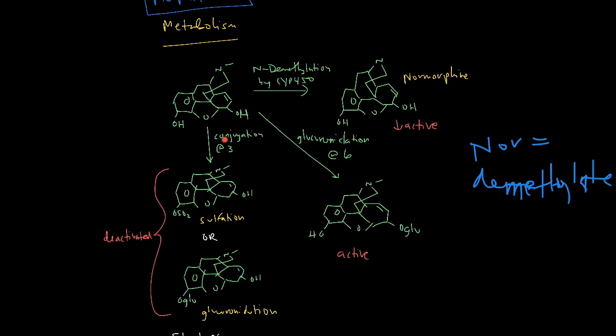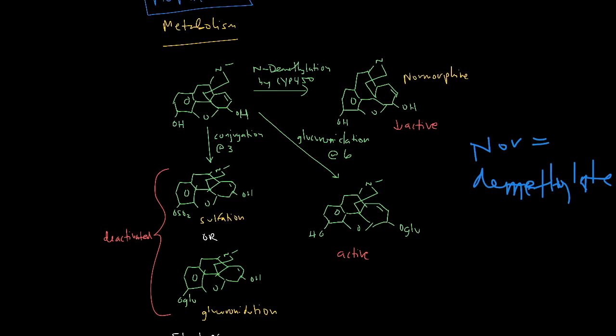You can also conjugate it at the 3 position. Conjugation is the umbrella term for sulfation and glucuronidation. So at the 3 position, you can undergo sulfation to produce a sulfate group here, or you can glucuronidate it at the 3 position to add the glucose or sugar here. The O-glu means glucuronidated oxygen. This is deactivated.